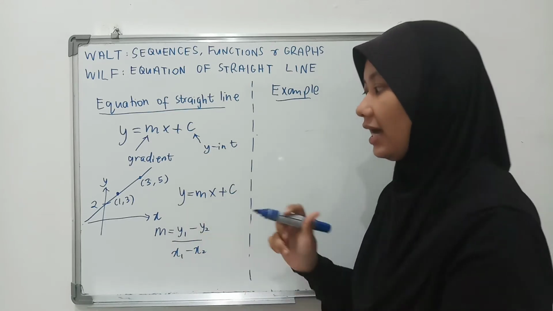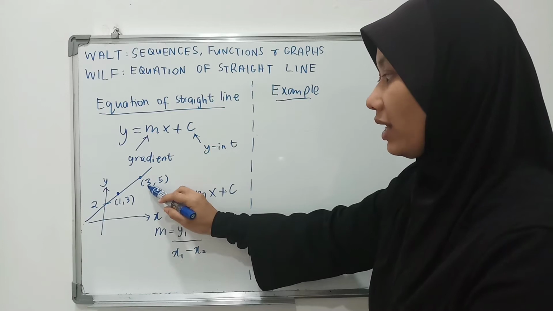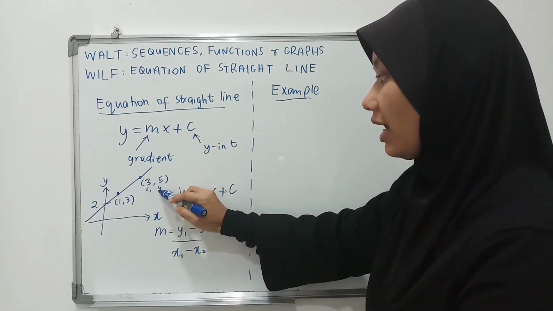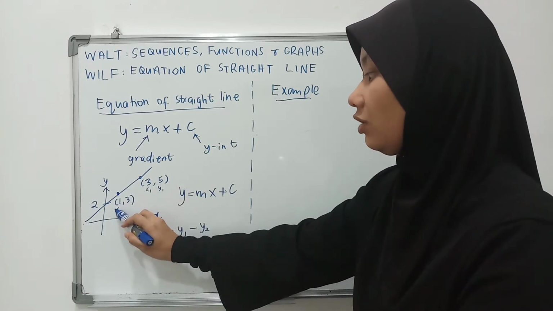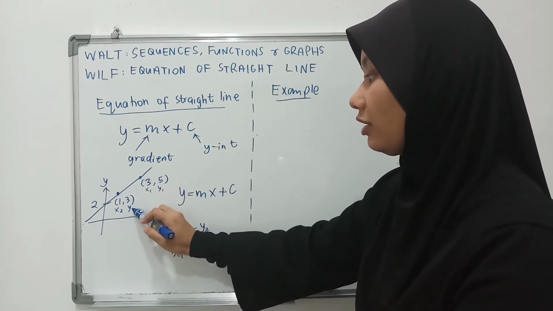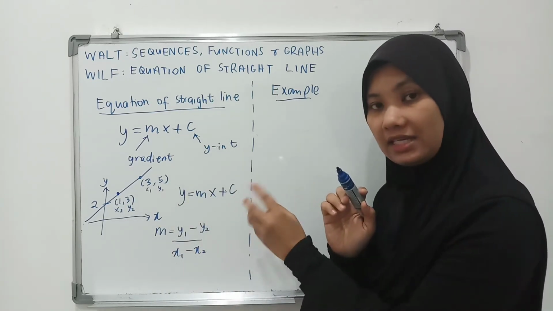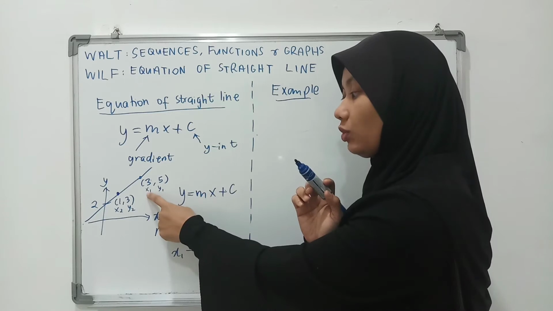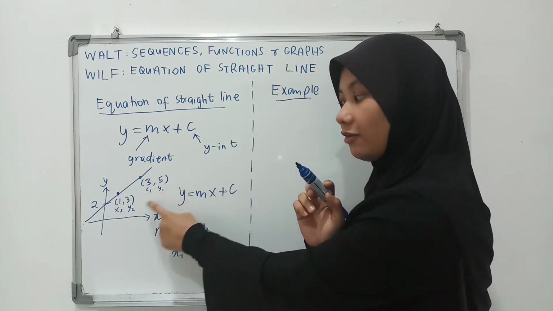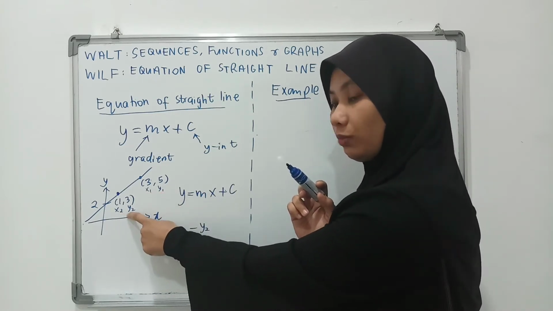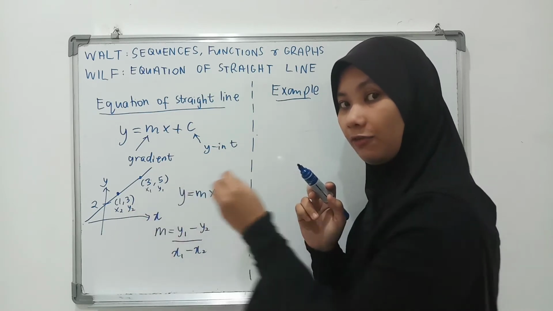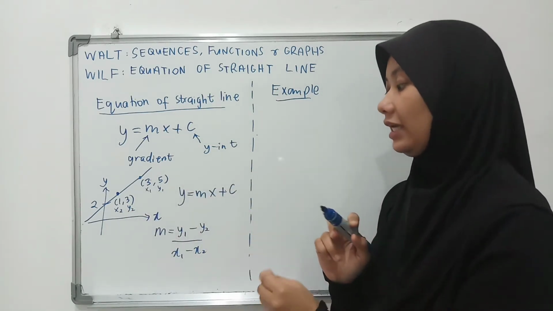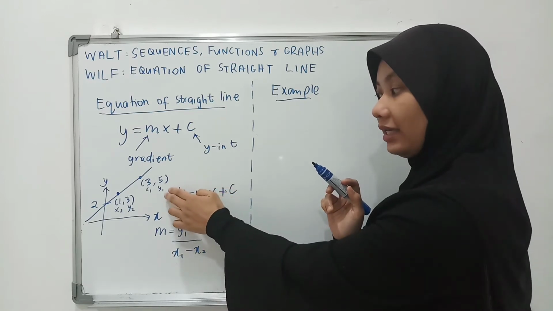Let's say I denote that one as x1, y1. That one I denote as x2, y2. You can change, it doesn't matter. If you put x2 here, here should be y2. If you put x1 here, here should be y1. They follow the same order. So I'm using my arrangement here.